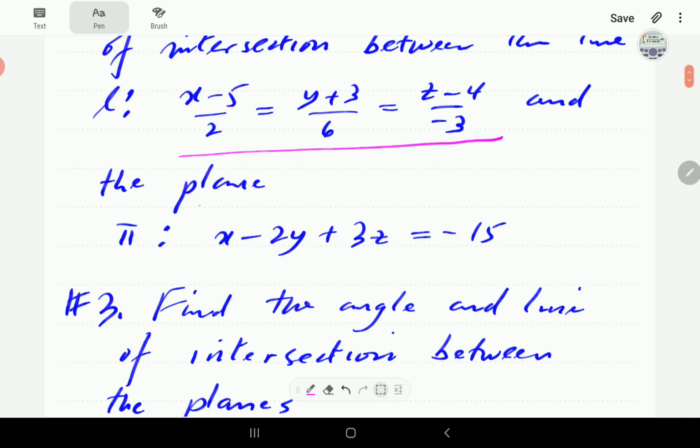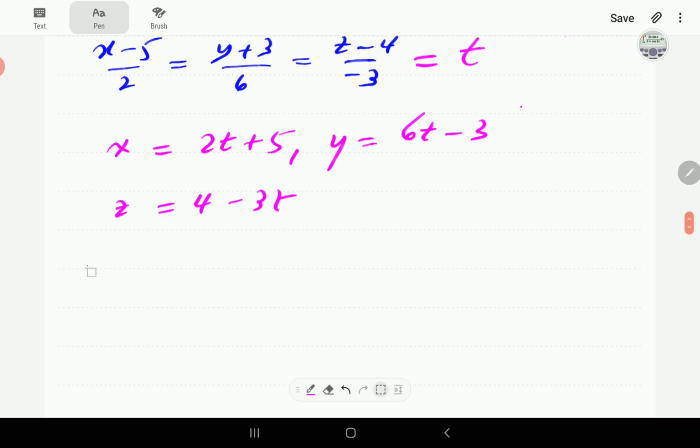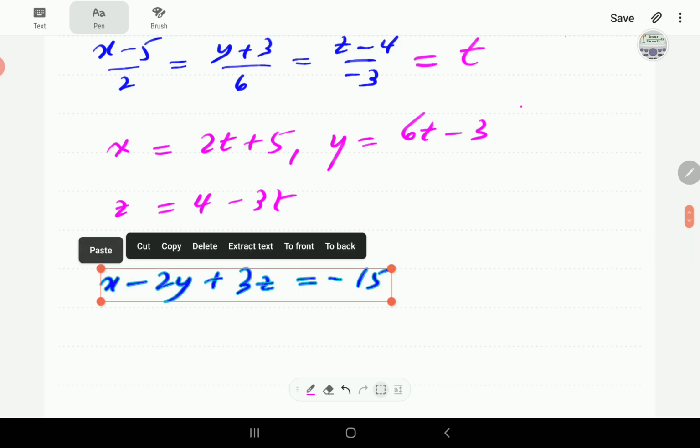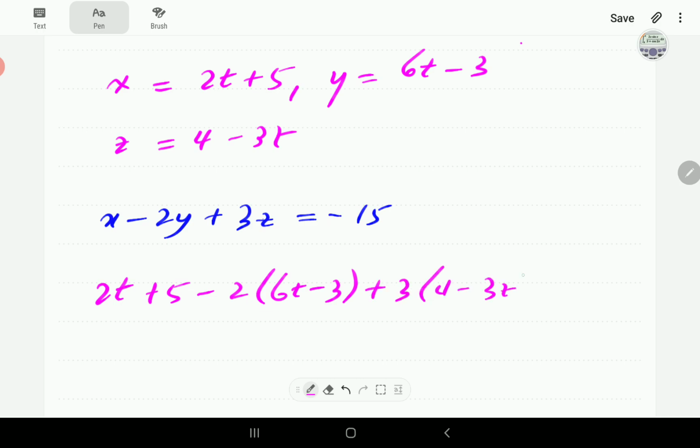Then we're going to plug that into this scalar form of the equation of the plane, and then we're just going to have an equation for one unknown. So x is 2t plus 5, y is 6t minus 3, z is 4 minus 3t.